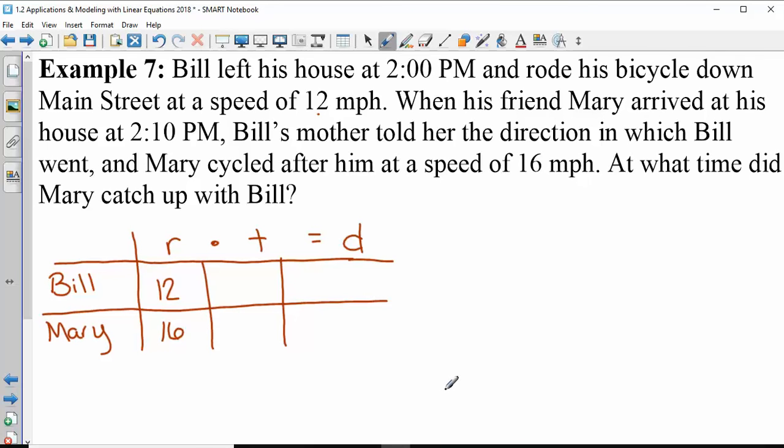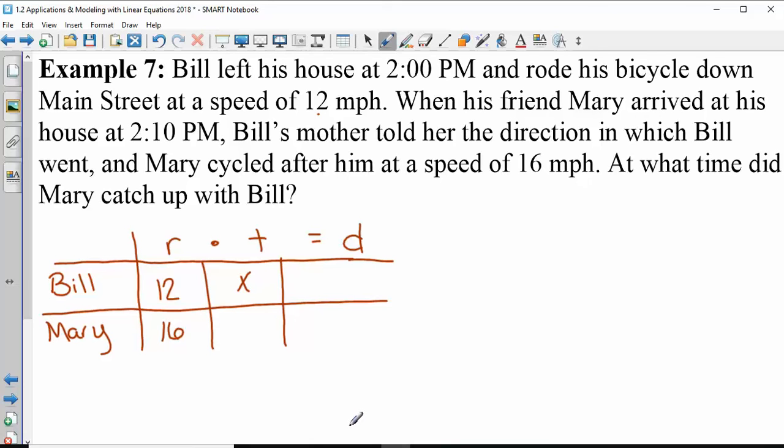Our time we have to be a little more careful with. You have to pick one of these to be x. This is why it's so important to define your variables, because we could do this different depending on if we make Bill x or Mary x. So I'll just go ahead and say Bill is my x.